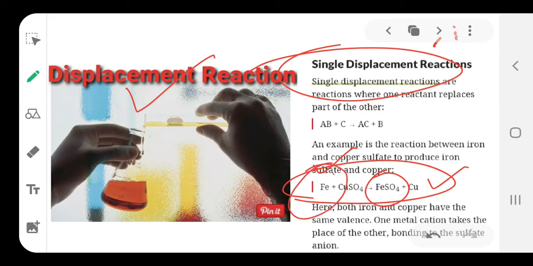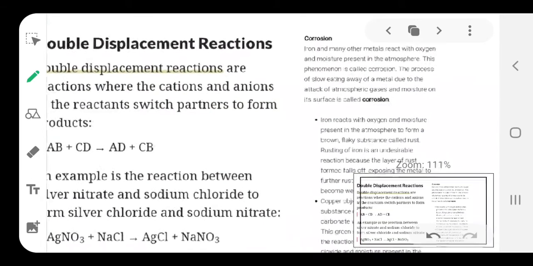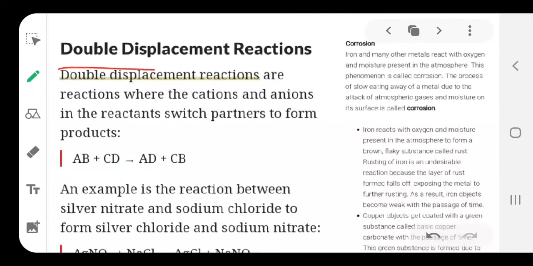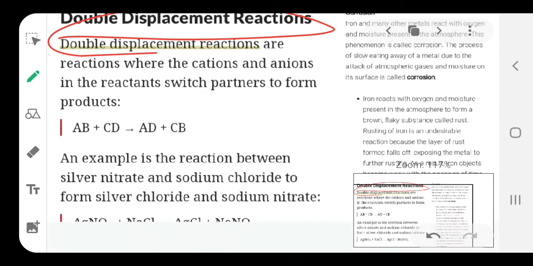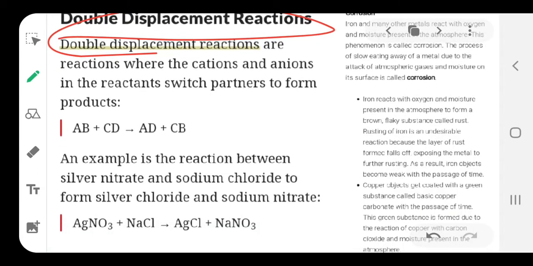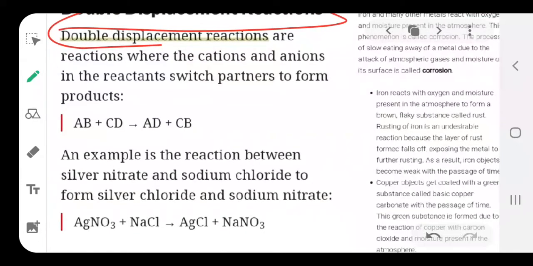Since here only one metal is in consideration, we call it single. And when we have two elements or metals, then we call it double displacement. Again, they displace the less reactive. To get more clarification, you can have this example here.